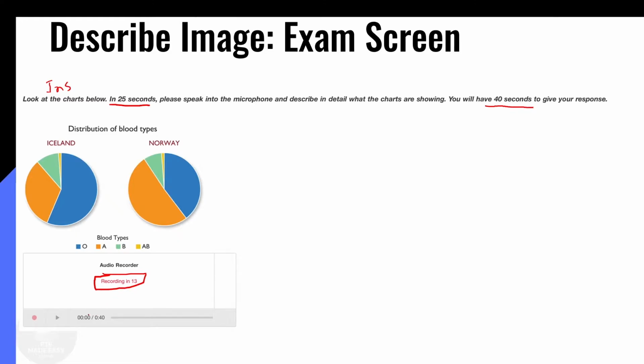However, in your exam, you will not find a countdown timer while you are recording your answer. Rather, it will be just this bar and it will become blue. You have to keep this in mind, that the timer will not be here. And there will be a Next button at the bottom right hand corner of the screen. Once you are finished recording, you click next.